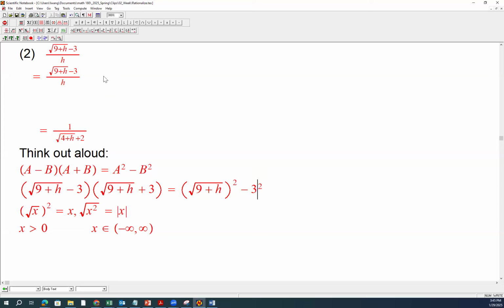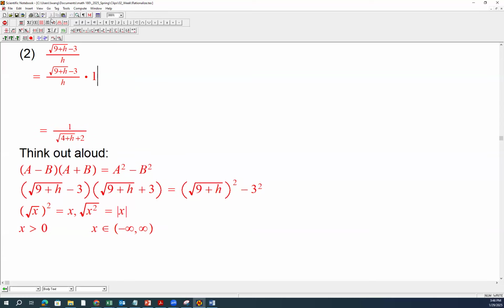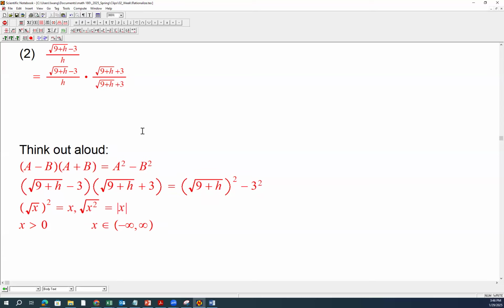You can see it's very similar. So when we multiply that quantity, which we call conjugate, that's going to be root of 9 plus h plus 3, divided by the same quantity. So this makes number 1. So we still multiply by 1, and 1 is replaced by the number that will help us to reduce.